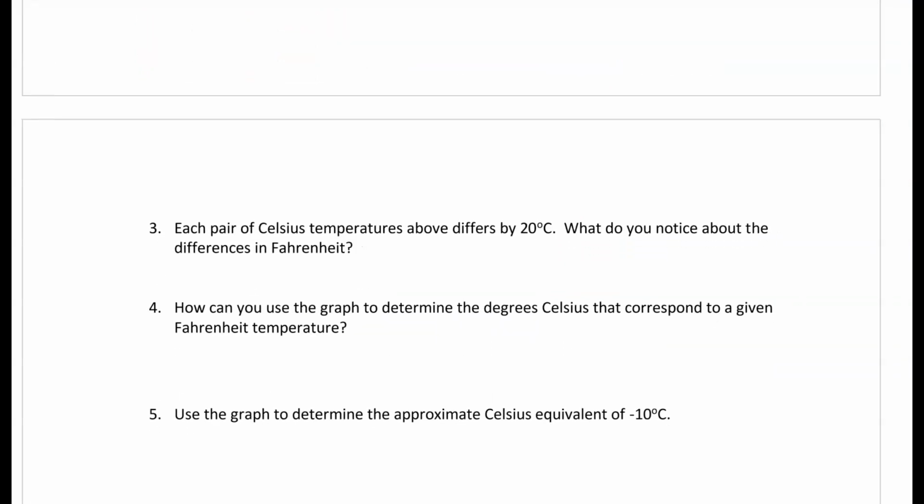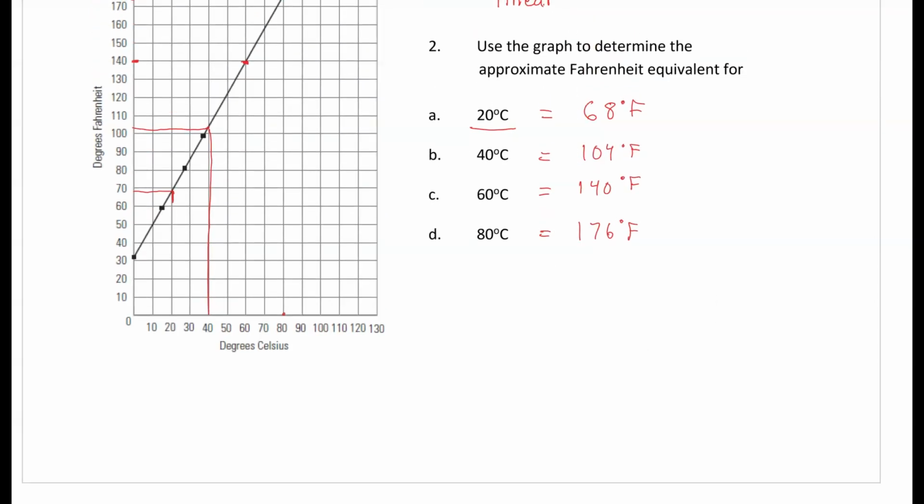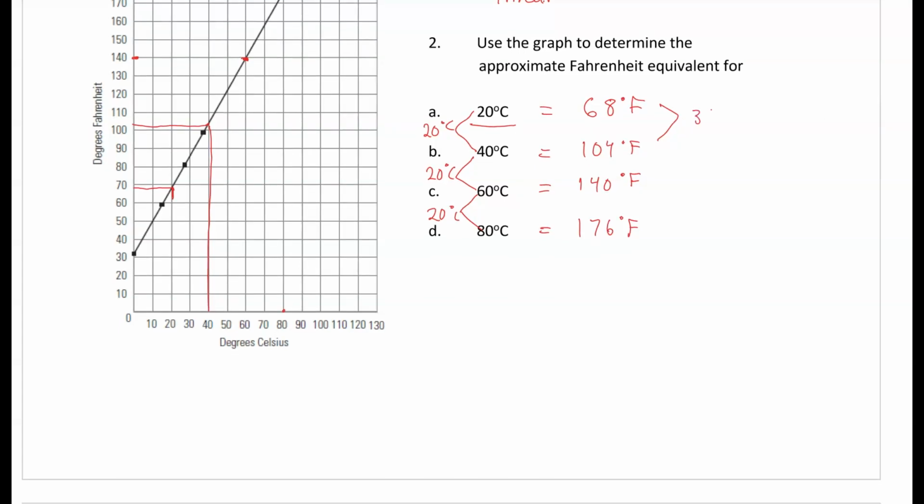Now, each pair of Celsius temperatures above differs by 20 degrees Celsius. What do you notice about the Fahrenheit? Well, let's have a look. This is differing by 20 degrees Celsius each time. If we do 104 subtract 68, we're going to find that this changed by 36 degrees Fahrenheit.